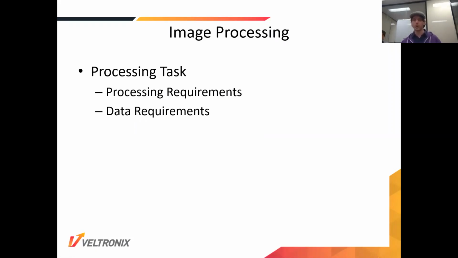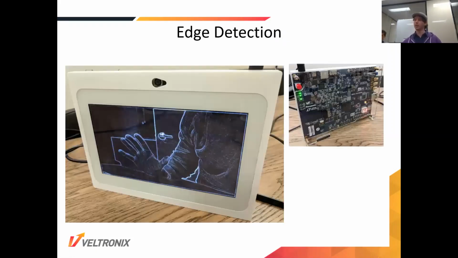So with this in mind, we've decided to use image detection as an example of image processing, just so that we can solidify some of the things that we need to consider and make some intelligent decisions about them. So in particular, we're going to be working with the Sobel edge detection algorithm.